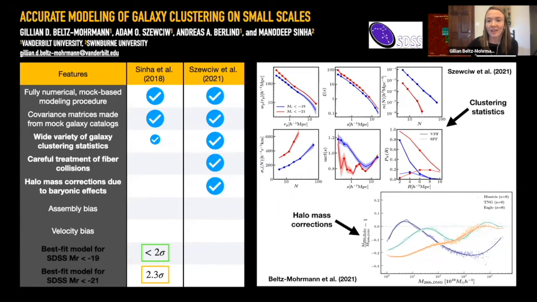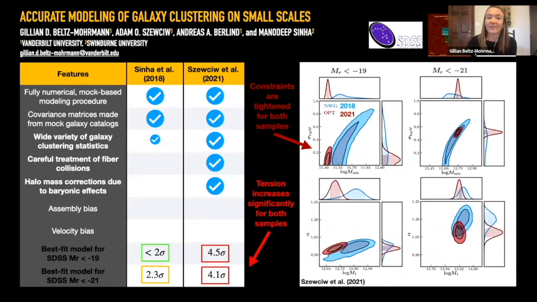Additionally, they included a careful treatment of the impact of fiber collisions on their SDSS measurements, as well as corrections to their halo mass functions due to the impact of baryonic physics on halo masses. Next slide.